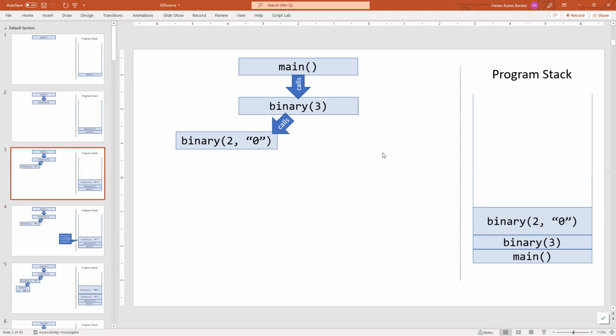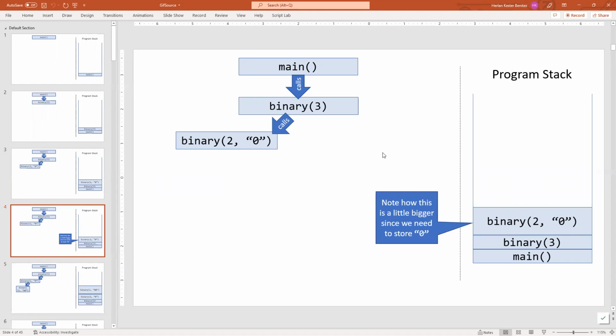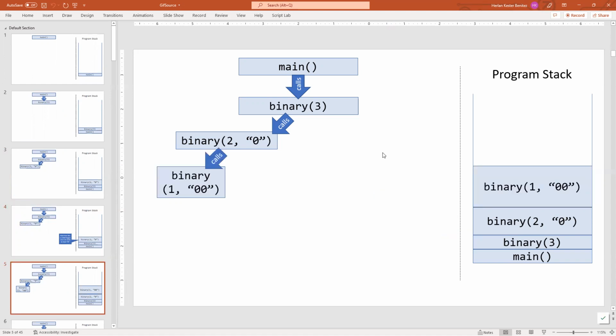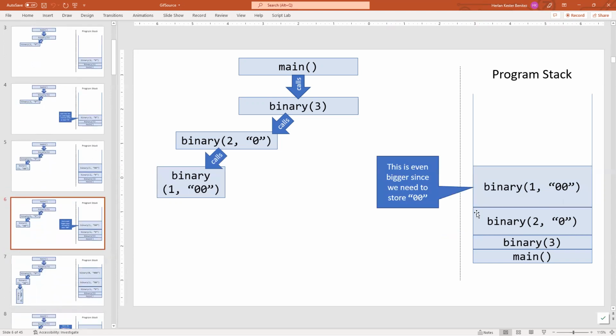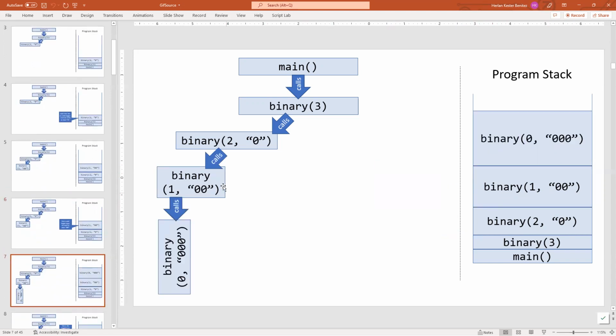Si binary 2 naman, tatawagan niya si binary 1 and with additional storage pa. So parang medyo lumalaki siya dito. So mas malaki ng konti si binary 1 kay binary 2. And then lastly, si binary 1, tatawagin niya si binary 0. And siya na yung pinakamalaki kasi 3 characters na yung nakastore.